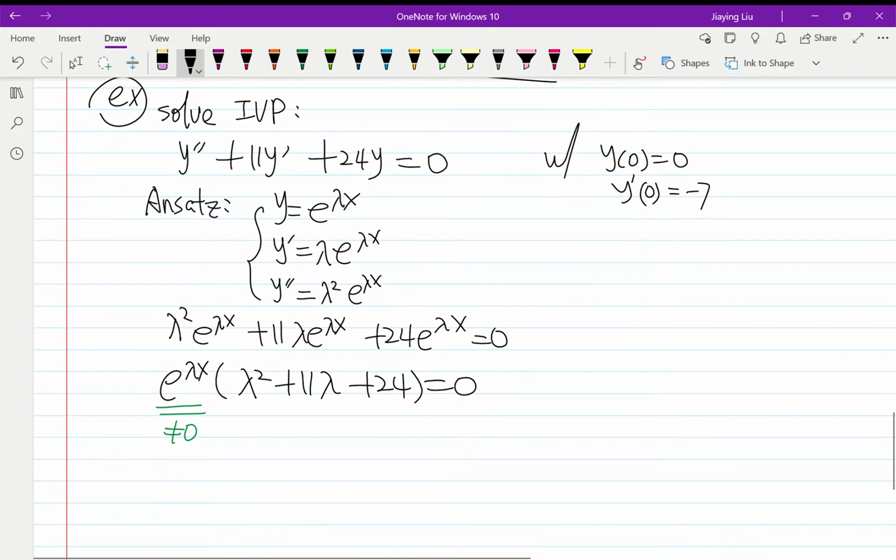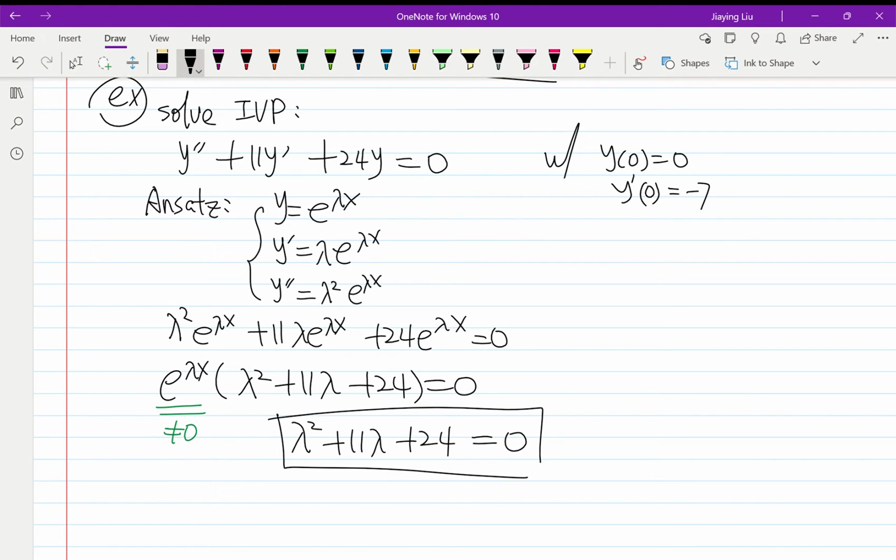That leaves us with the parentheses part: lambda squared plus 11 lambda plus 24 has to equal 0. This is a very important equation, because it tells us what the solution at the end will look like.